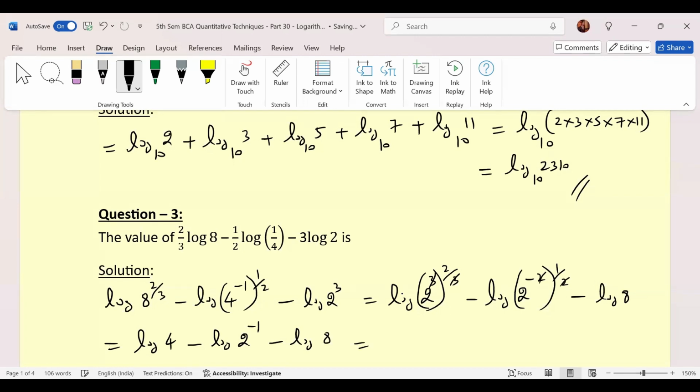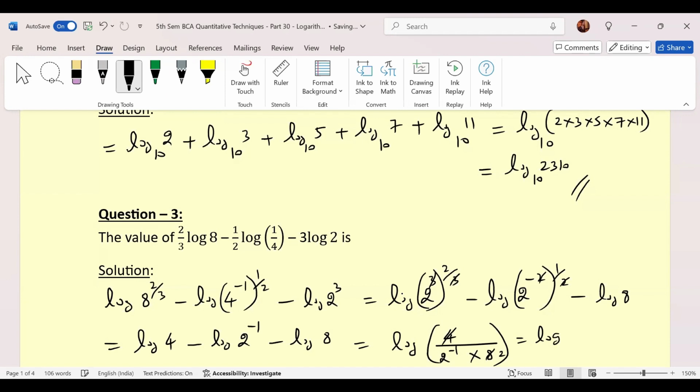So this can be rewritten as logarithm of 4 divided by 2 power minus 1, and then again minus log 8 is there, which means that 8 will come to the denominator. So this is equated to this, and this goes, and here you get 2.